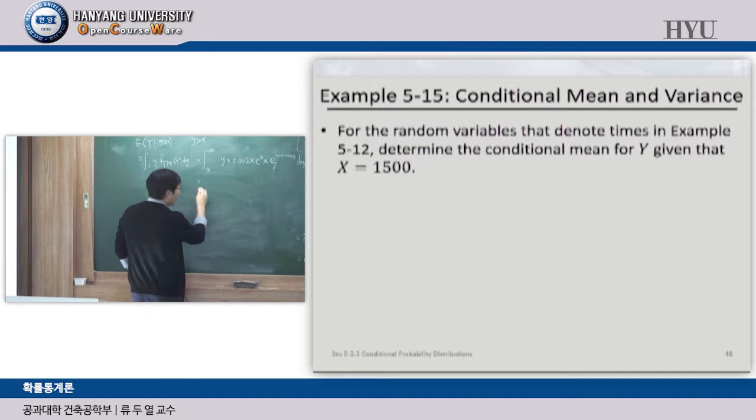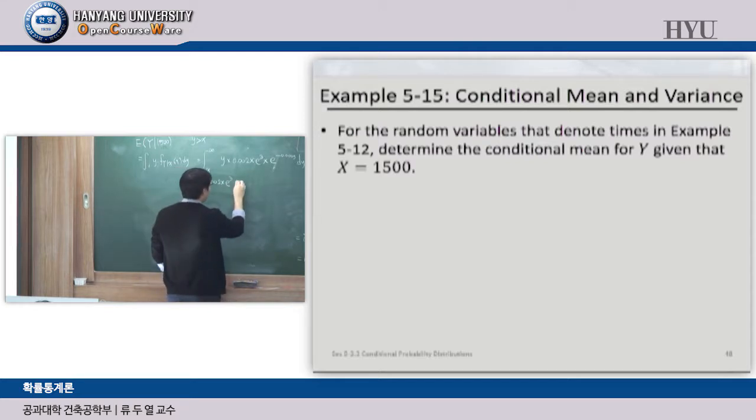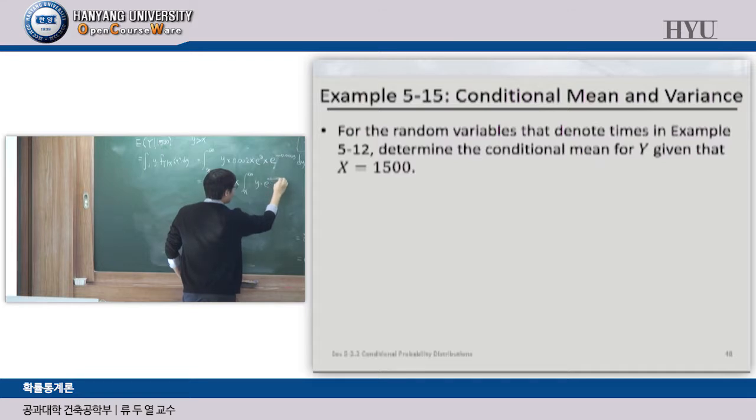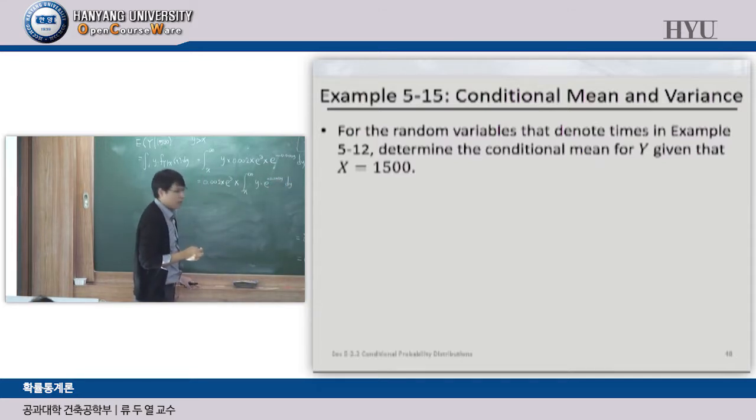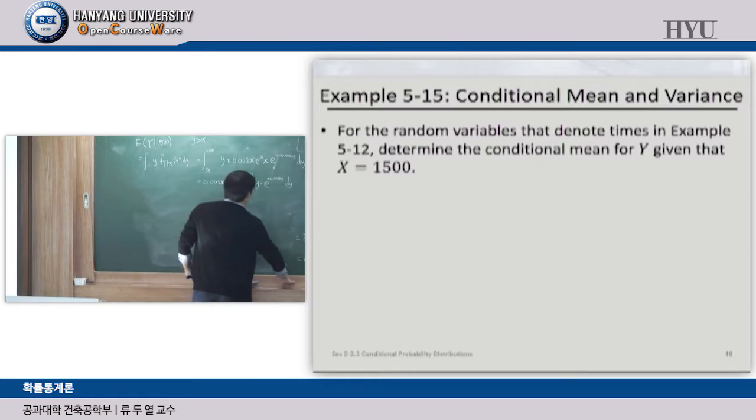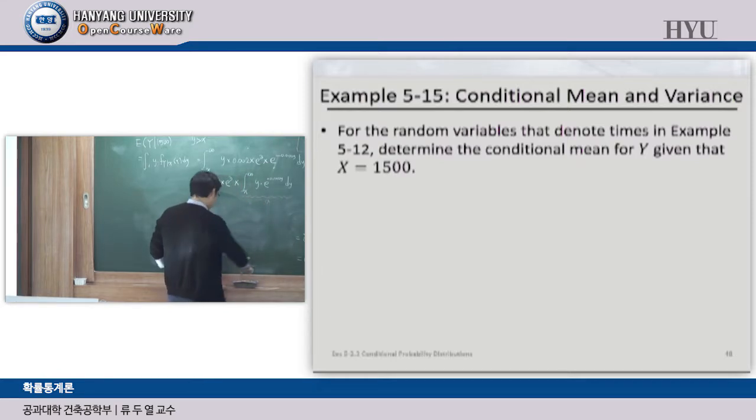And this can be written as 0.002 times exponential to the third power times the integration from x to infinity of y times exponential minus 0.002y dy. So in here we need to calculate this integration. We can say this is a.